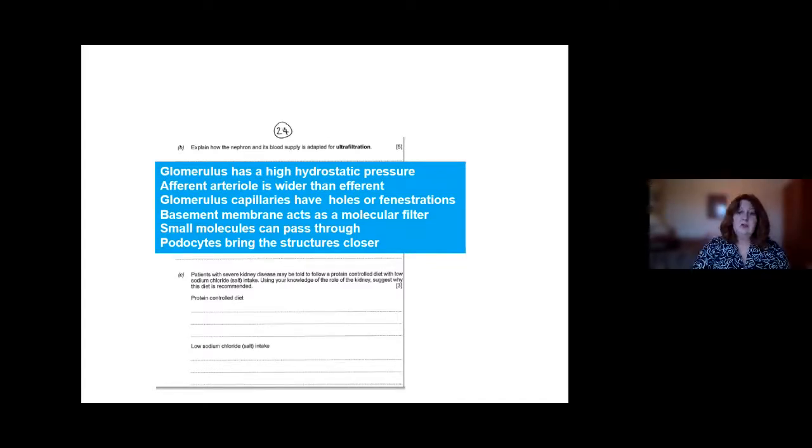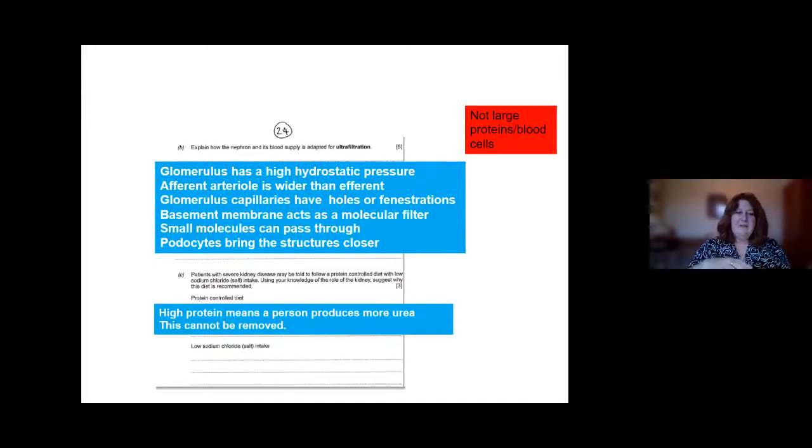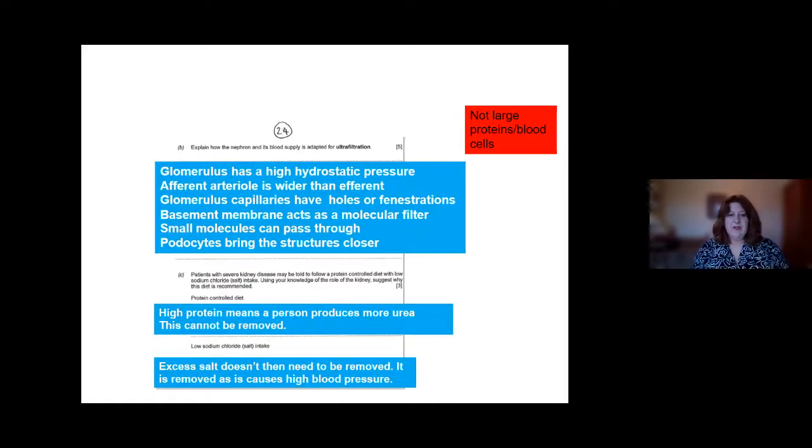If you've got a high protein intake, you'll produce more urea and you can't remove that. So that is why you'd expect the diet to be protein controlled, and the low sodium, the reason for that is that then you're not having to remove excess salt.